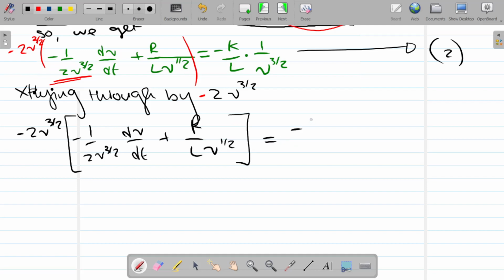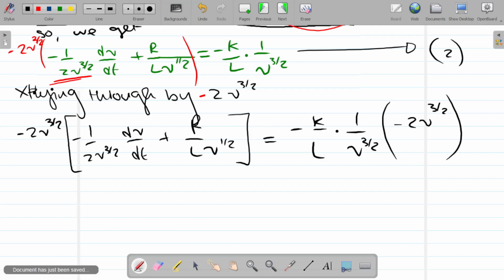And then we're doing the same on the other side. So we're multiplying by minus 2v to the 3 over 2. Right, okay. I won't label that equation as yet.